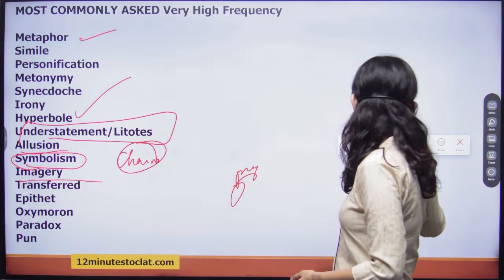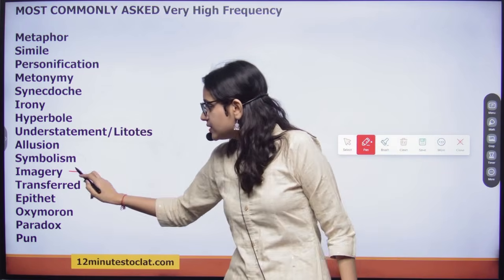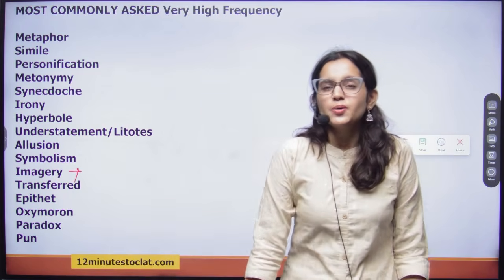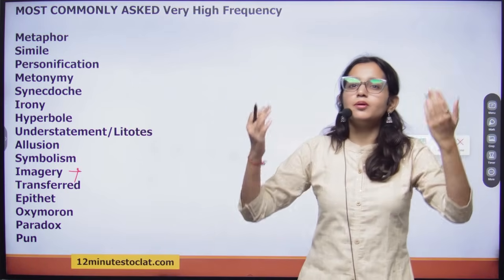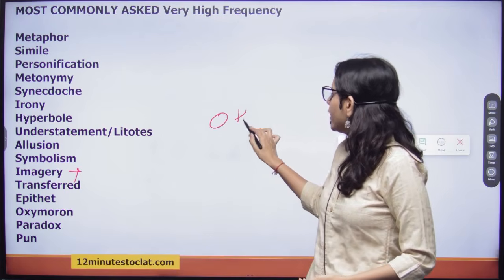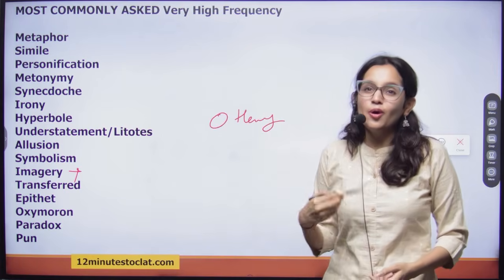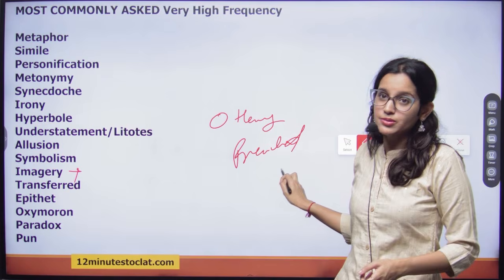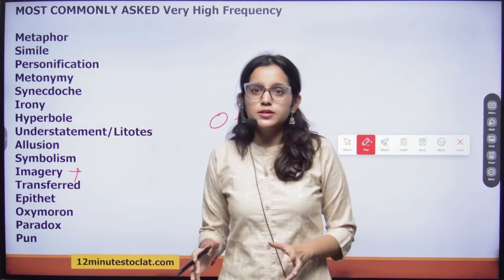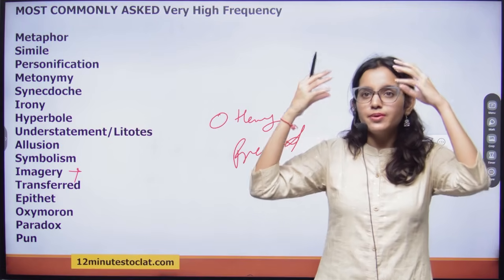What is imagery? Imagery is when your author uses very strong description, visual description, to create an image in your mind. If you have ever read O Henry, or if you have read Premchand in Hindi, you know what I'm talking about. The way these authors write, you can actually see the image being created, right?